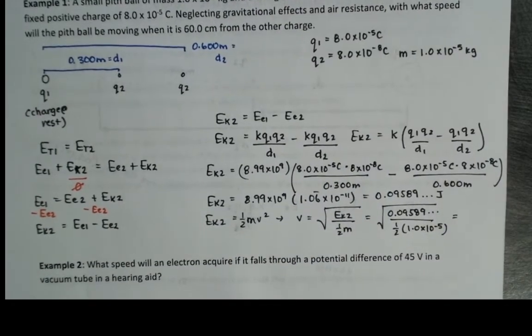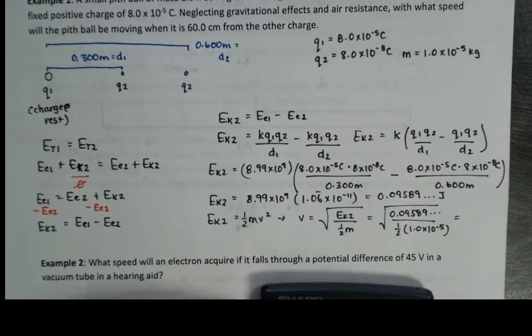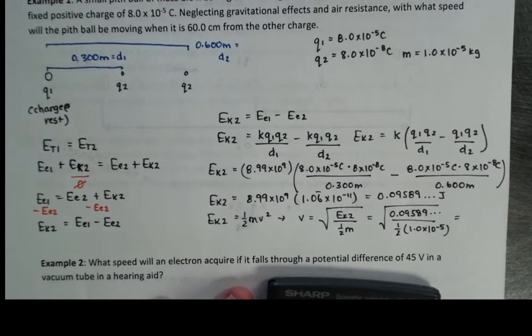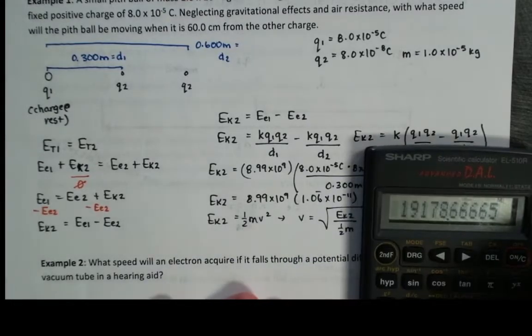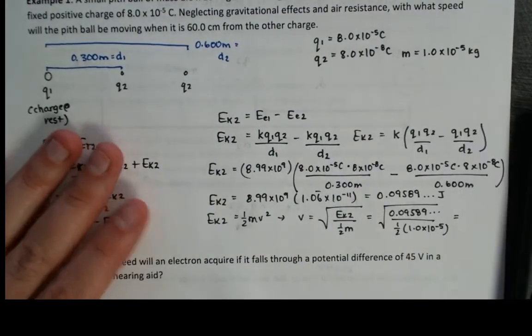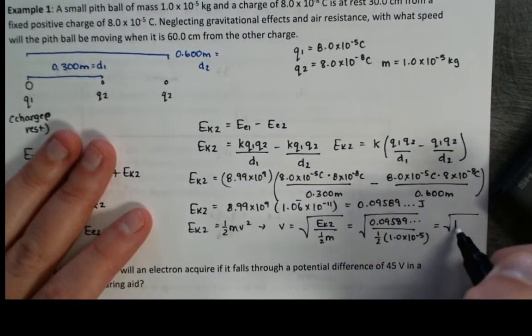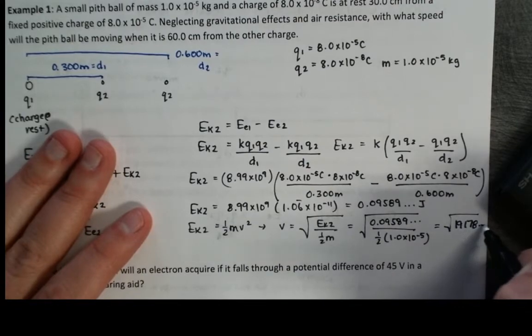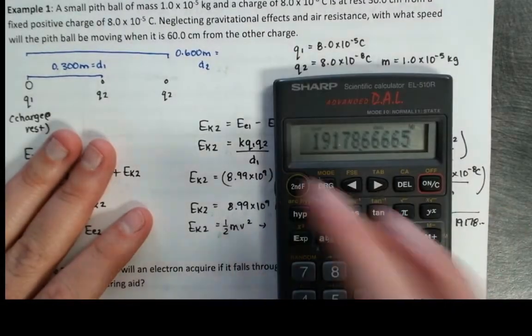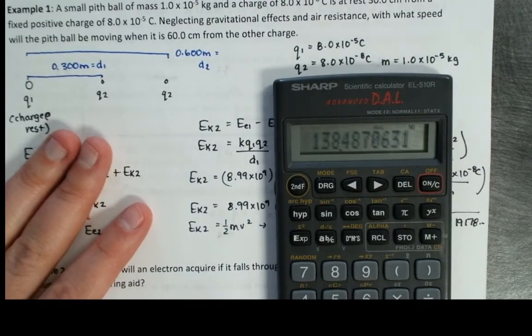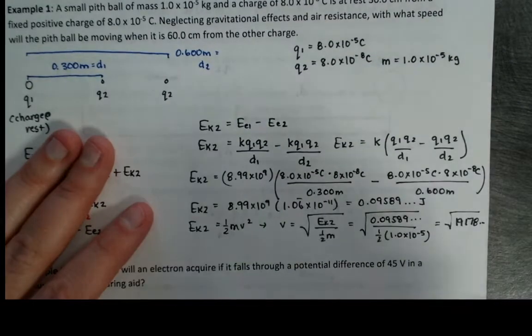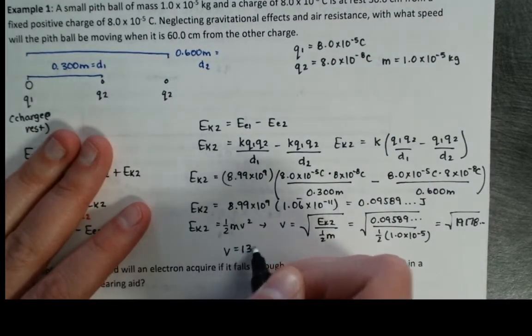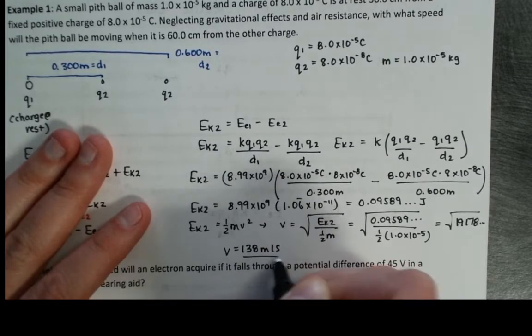I really hope this gives me the same answer as before because I've kind of changed it a little bit. 0.5 times 1 exponent negative 5 is 19178. So the square root of 19178, and if we take the square root of that, we get 138 as our V. Okay.